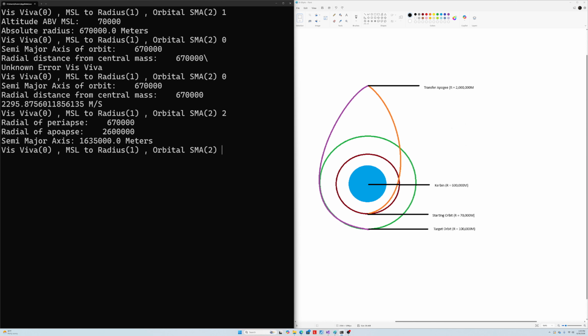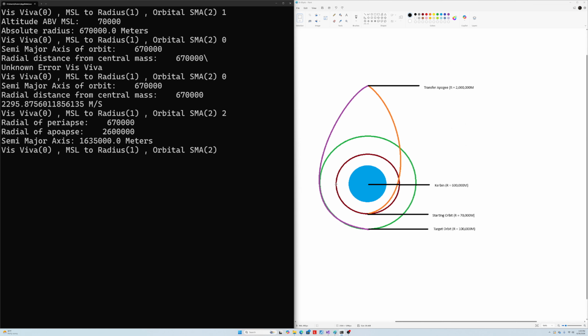Which gives us a semi-major axis of, apologies, I have poor eyesight, 1,635,000 meters.